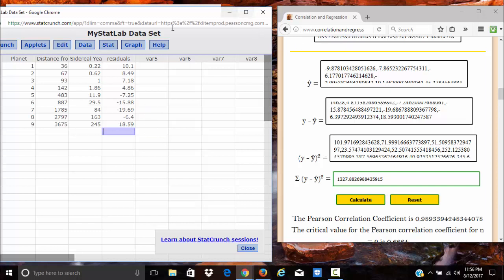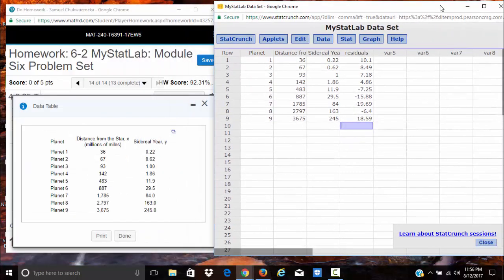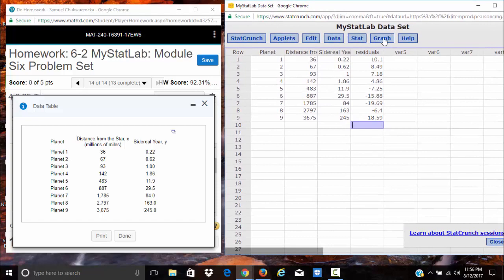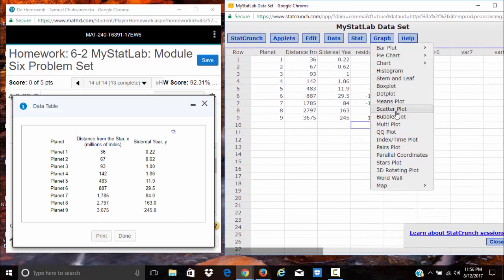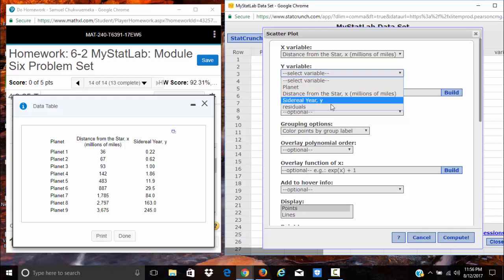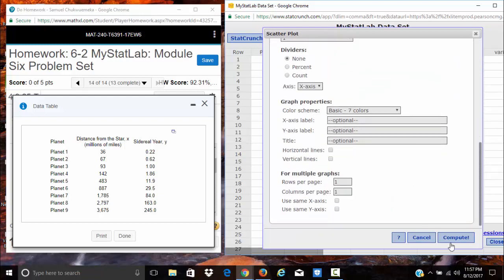And you can now plot this. Graph, Scatterplot. Our x will still be our x, but our y will now be the residuals, and you compute.